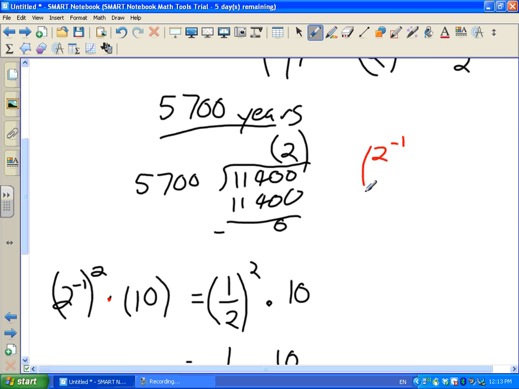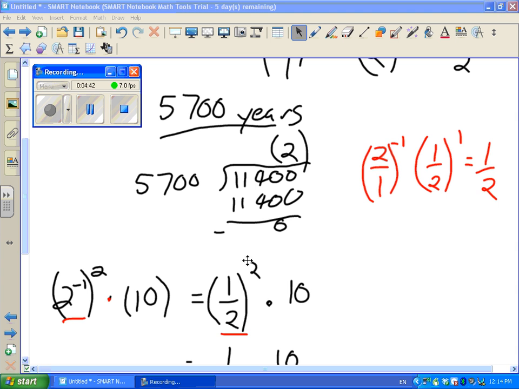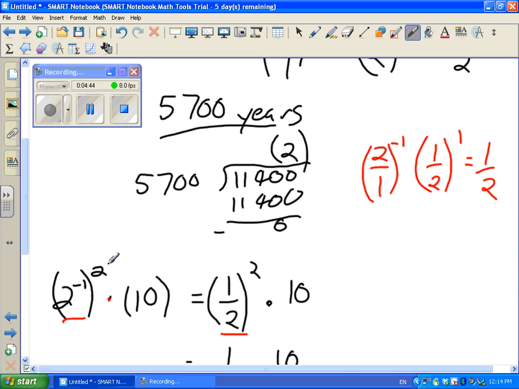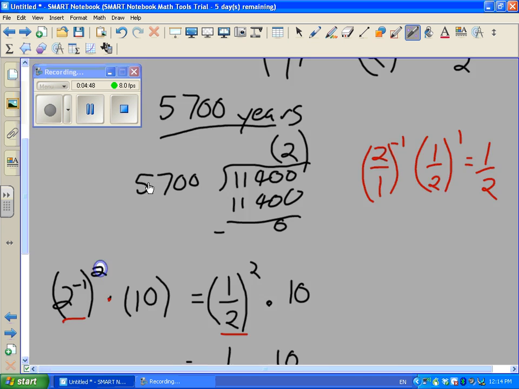I need to make this positive, so I make this a fraction, then I flip it. 1 over 2, still to the power of 1. Well, half to the power of 1 is just a half. That's why I replaced that with a half when we moved it over here. The reason I put 2 to the negative 1 to the power of 2, I should have mentioned, is because there were 2 cycles.